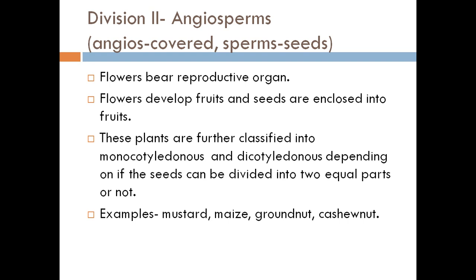These plants are further classified into monocotyledonous and dicotyledonous depending on if the seeds can be divided into two equal parts or not. These plants are further differentiated into monocotyledonous if their seeds are monocotyledonous, or dicotyledonous if their seeds are dicotyledonous, depending upon if the seeds can be divided into two parts or not.